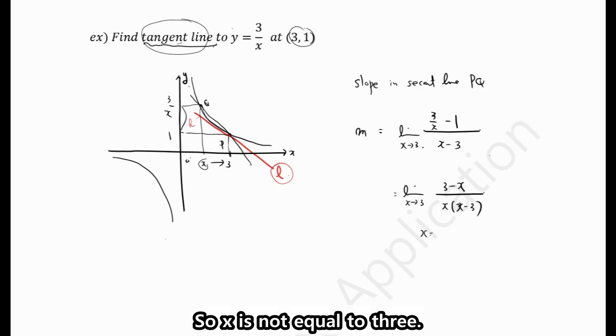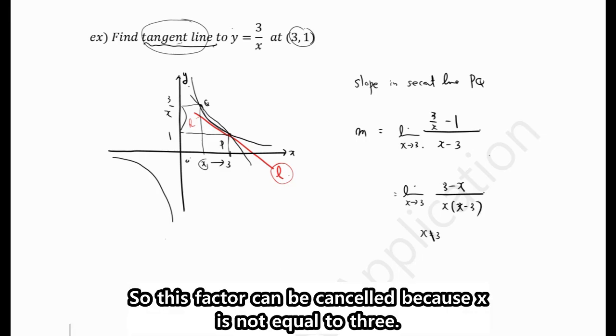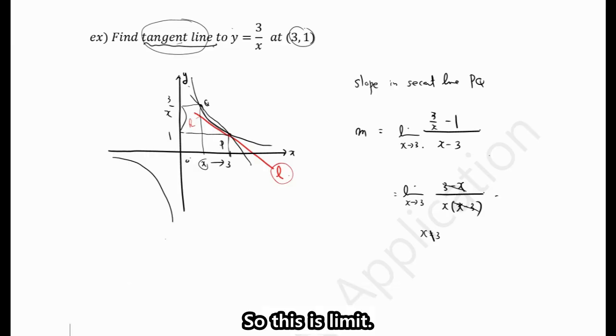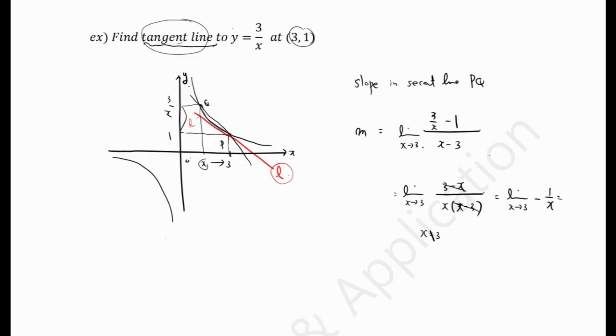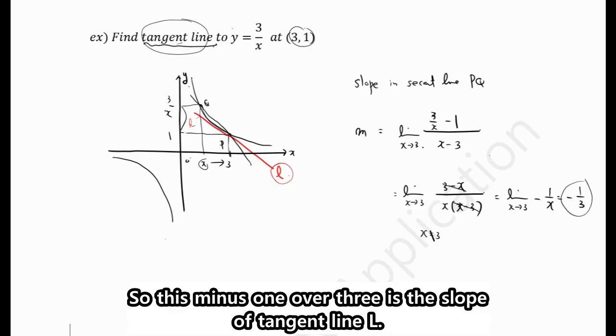Since x is not equal to 3, this factor can be cancelled. So this is the limit as x approaches 3 of minus 1 over x, which is minus 1 over 3, the slope of the tangent line L.